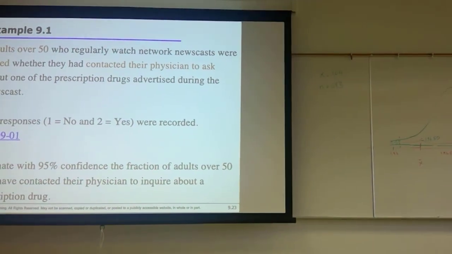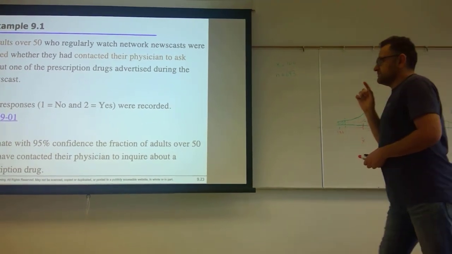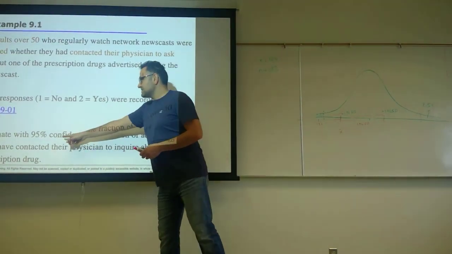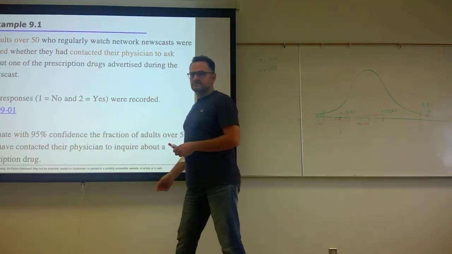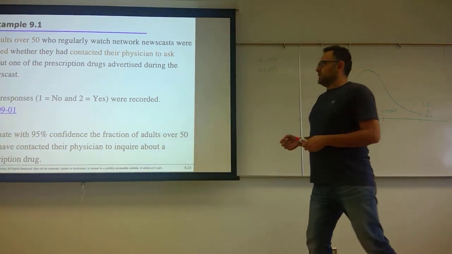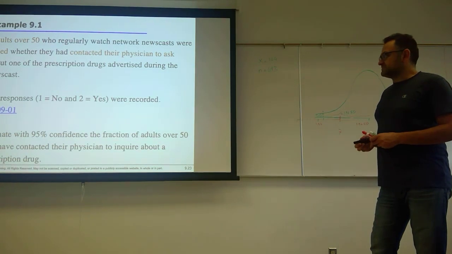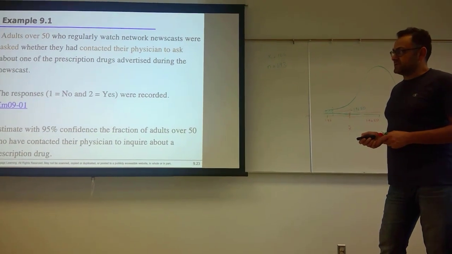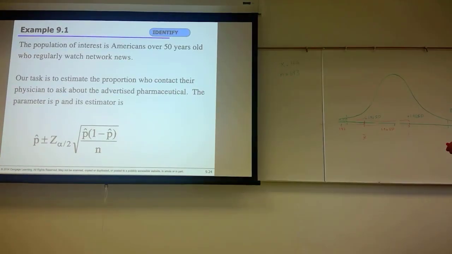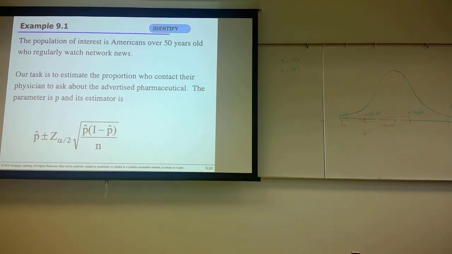So we want to come up with a confidence interval. To be more accurate, it is asking for a 95% confidence interval. We're supposed to produce it to see what percentage of adults would ask their physicians regarding the prescription drug that is advertised on TV. The way we do it is with the formula that we use.